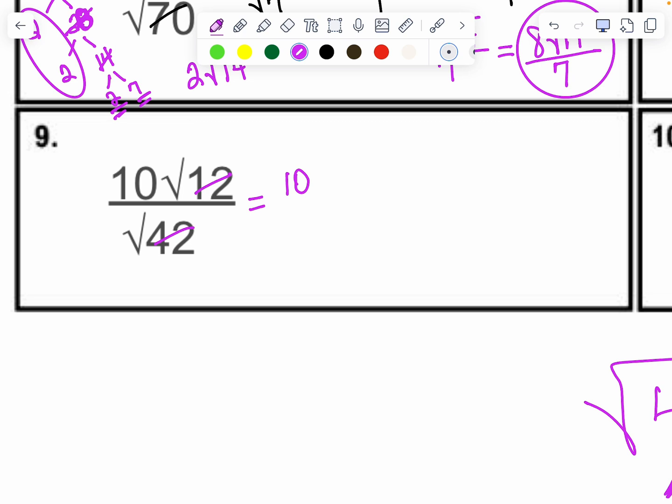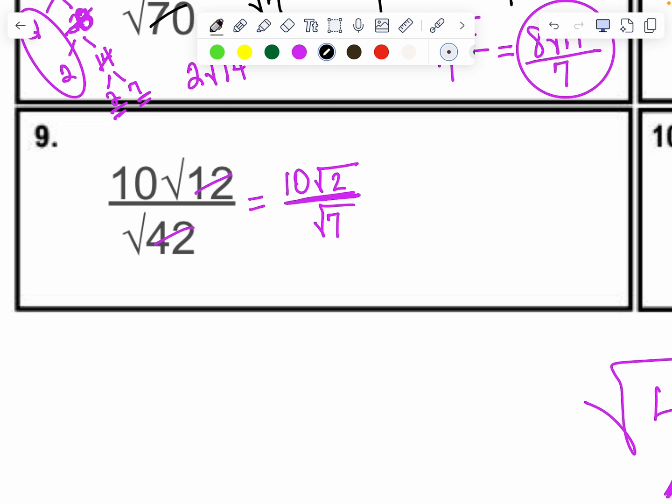I'm doing my reducing in my calculator, so I know I get it right. So 2/7. All right, so the square root of 2 over the square root of 7. I just used my calculator and treated it like a fraction and put in 12 over 42. Hit enter, got my decimal. Math, enter, gave me the simplified version.